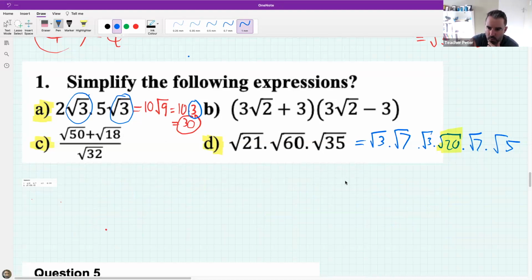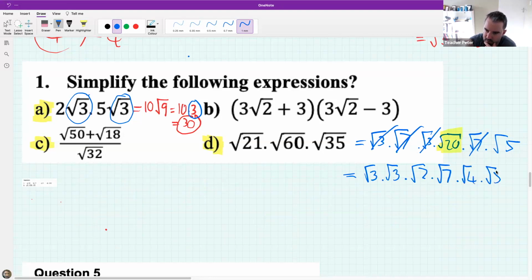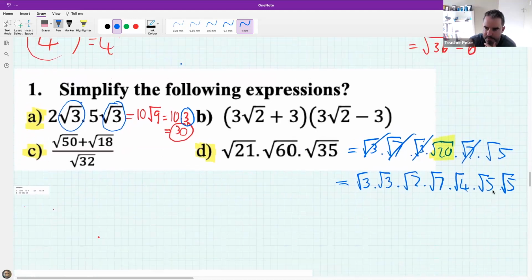Okay, so I think that square root 3 times square root 3 can be towards the front. So those are those two. And then I'm going to bring square root 7 times square root 7. They can be next to each other. And then I'm going to write 20 as square root 4 times square root 5. And there was already a square root 5 there.